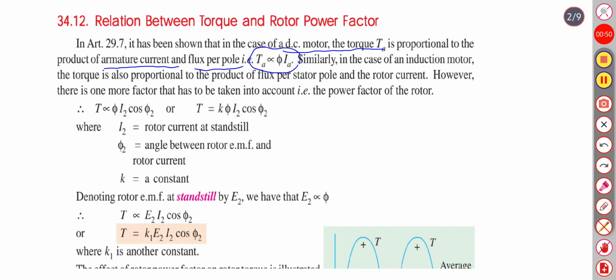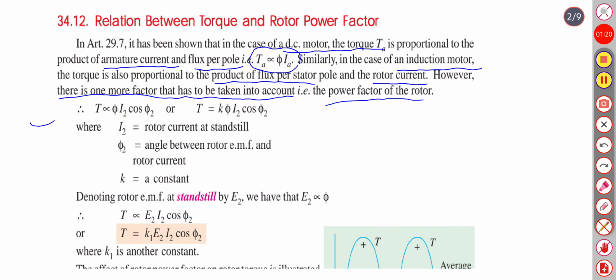Similarly, in case of an induction motor, the torque is also proportional to the product of flux per pole and rotor current. There is no more factor that has to be taken into account. The power factor of the motor is cos phi 2 of the rotor.